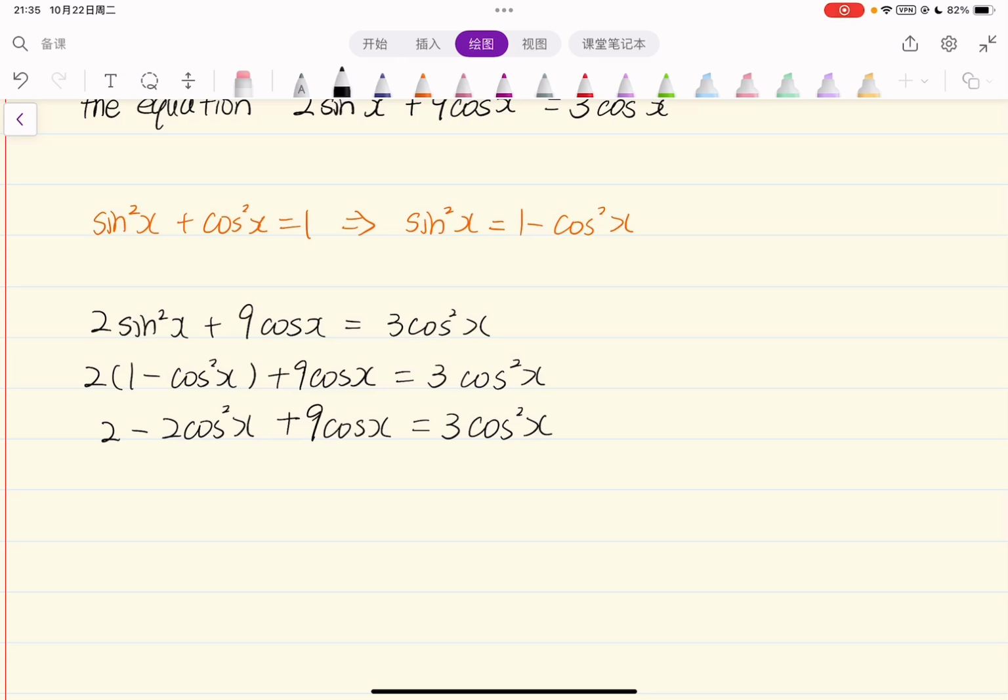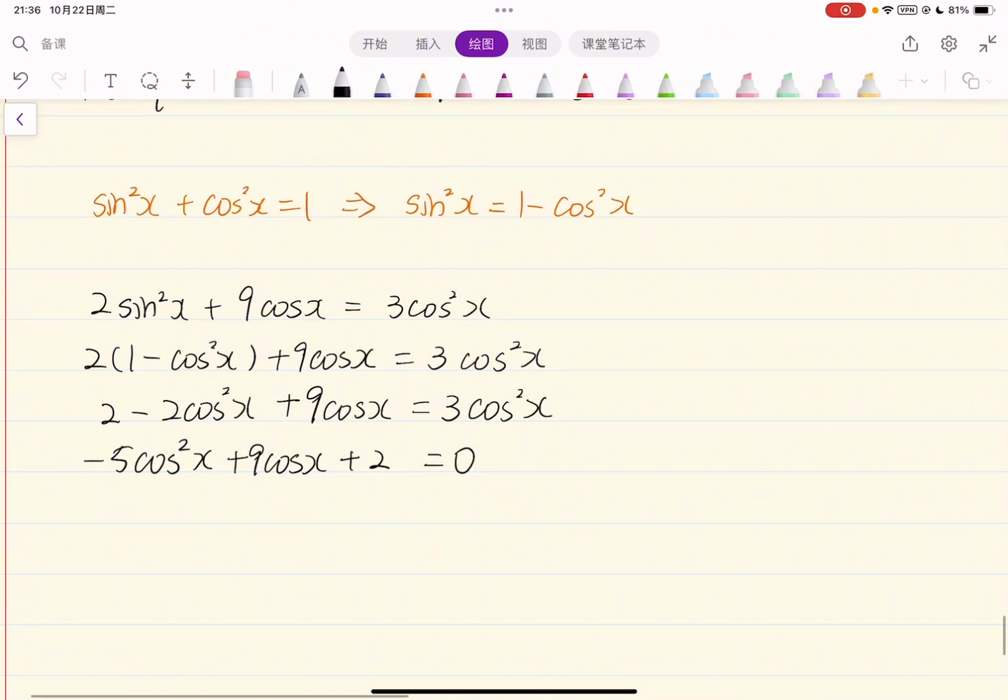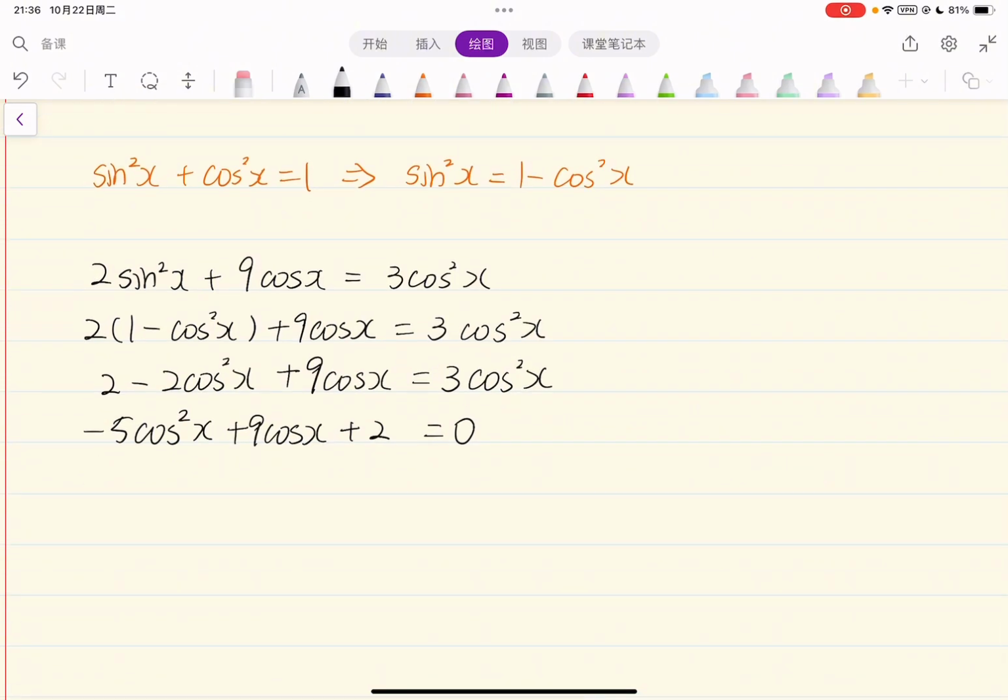Thus, we have minus 5 cosine squared x plus 9 cosine x plus 2 equals 0. Then we have 5 cosine squared x minus 9 cosine x minus 2 equals 0. And then what we do is solve the quadratic equation.